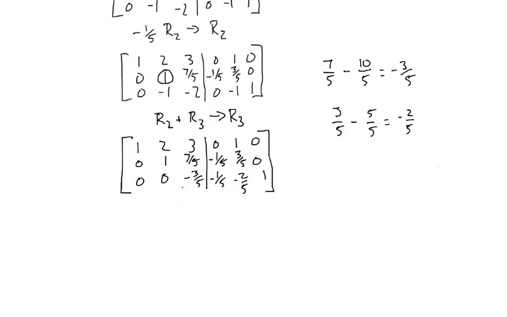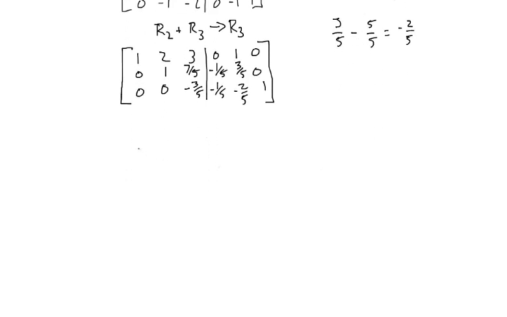And now we want to get a 1 where we have negative 3/5 for our final diagonal 1. So here we're going to multiply row 3 by negative 5/3 times row 3, and we're going to put it in row 3. So we have rows 1 and 2 are not changing.